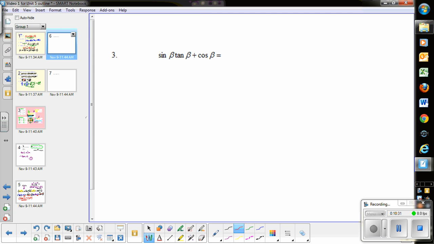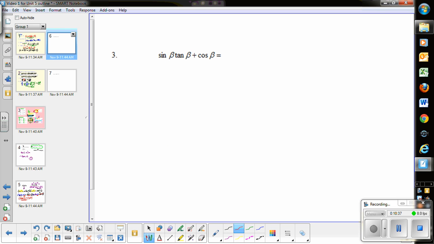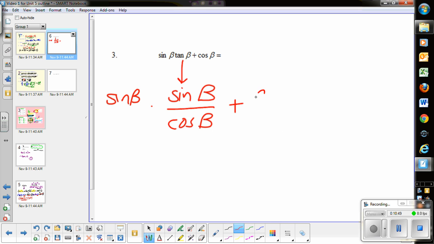The next question, I'm going to make use of this guy again. Tangent is sine divided by cosine. And I'm going to replace this tangent right here with sine over cosine. Everything else, I'm just going to follow along from how it was before.